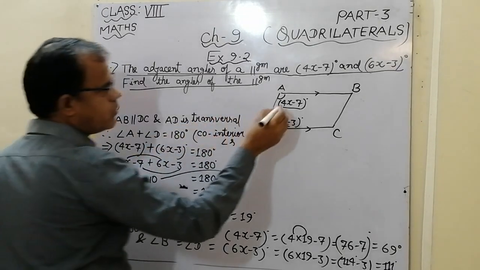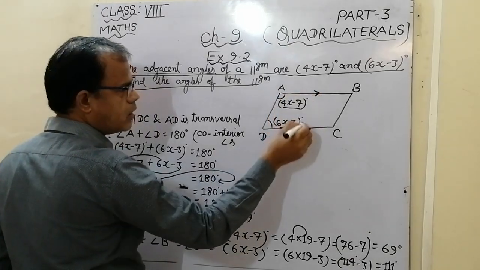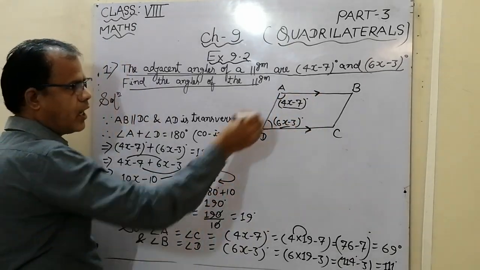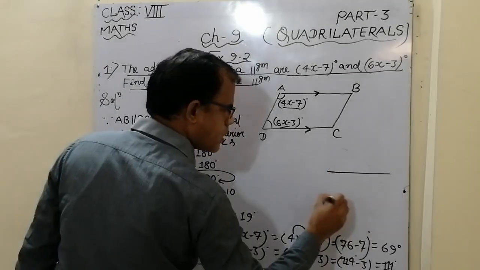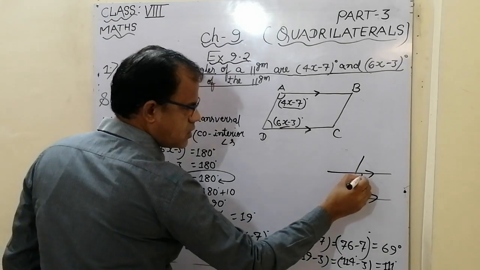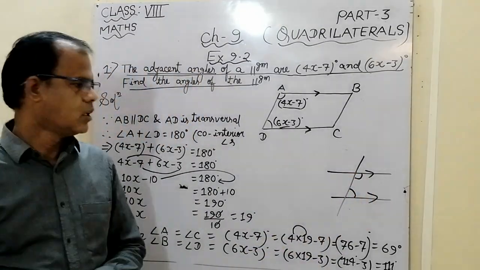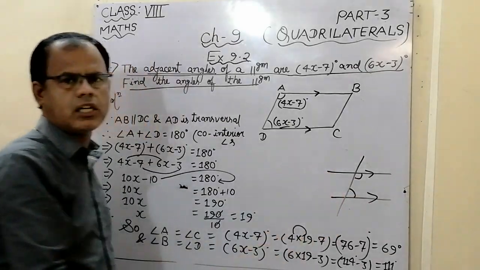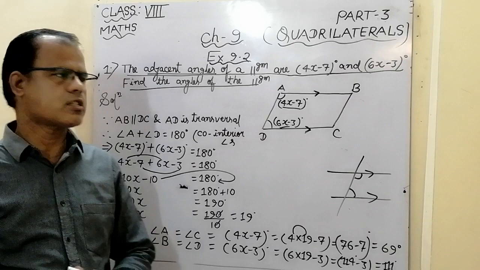Here in parallelogram ABCD, AB is parallel to DC, and line AD is a transversal. If two parallel lines are there and one transversal, then this angle plus this angle equals 180 degrees. It is known as co-interior angles, or angles on the same side of the transversal.